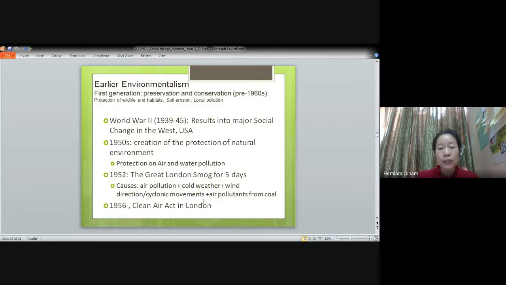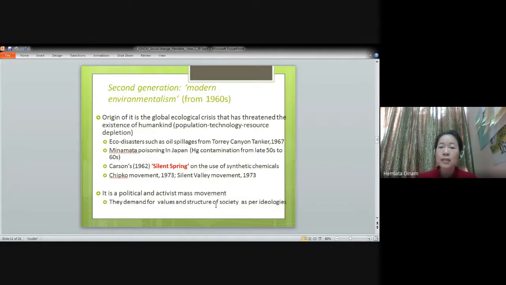Now, the Clean Air Act was established in London in 1956. So we can imagine how the Great London Smog led to the establishment of the Clean Air Act in London itself.